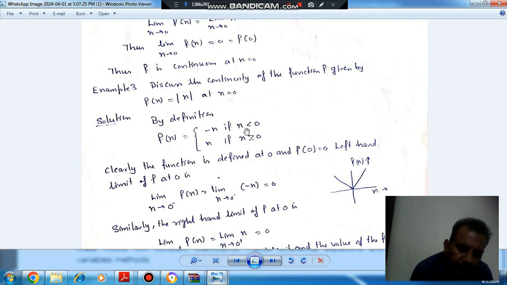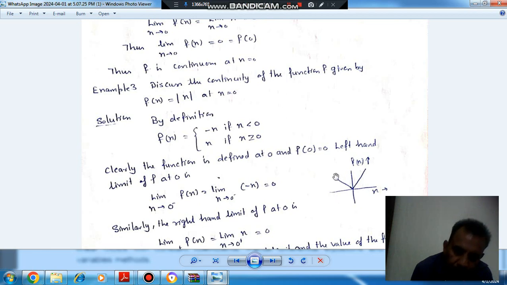If we take a negative value of x, then we follow this equation, and if we put -1, we get f(x) as 1. If we put -2, we get f(x) as 2. Similarly, for this part, if we take x = 1, we get f(x) as 1. If we take x = 2, we get f(x) as 2. So this is the graph for this part.